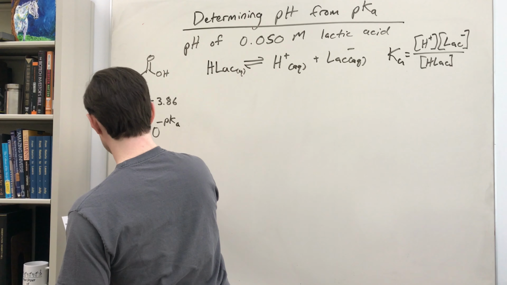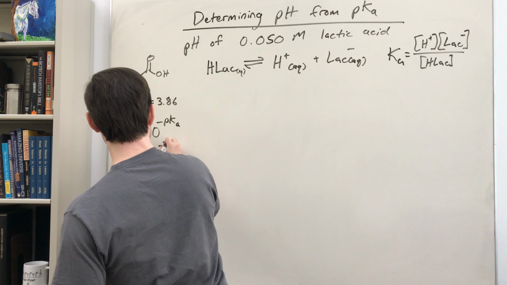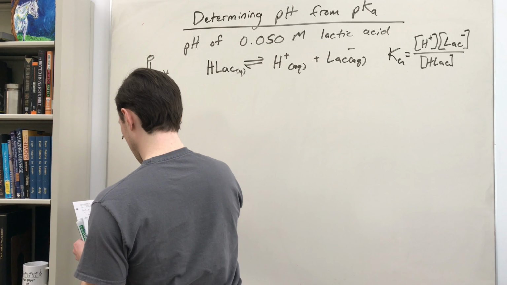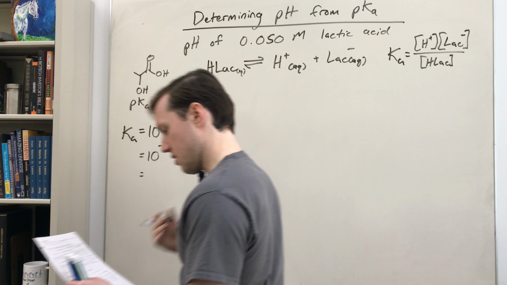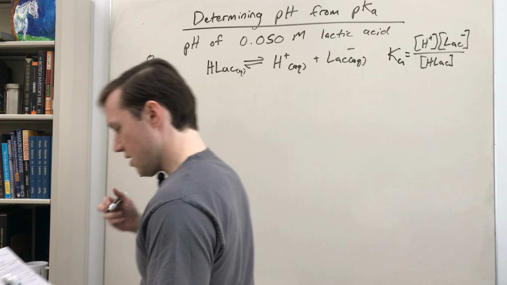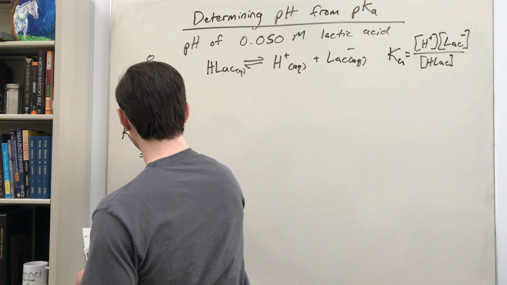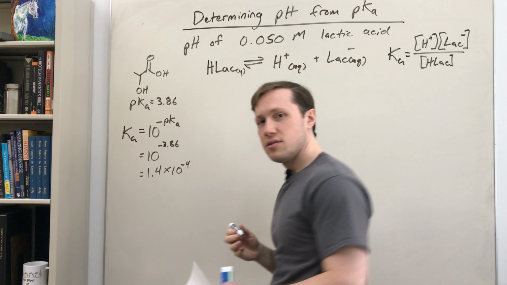So in that case, 10 to the negative 3.86 means that our Ka for this particular case is going to be 1.4 times 10 to the negative 4.